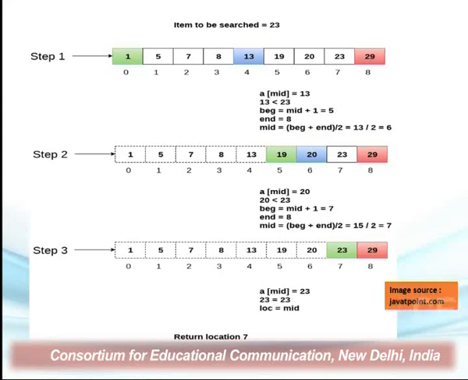If we would have taken the first part, our last element would have been the middle minus 1 element, which is 8, so we would have looked for the element in the array from 1 to 8. So, either we will shift our first element or we will shift our last element, depending upon in which part of the array we are looking for that particular element.